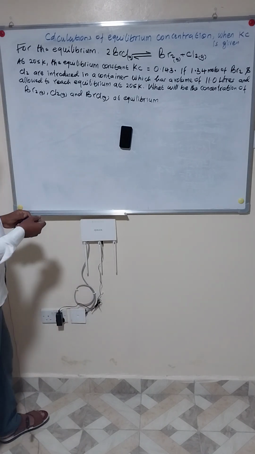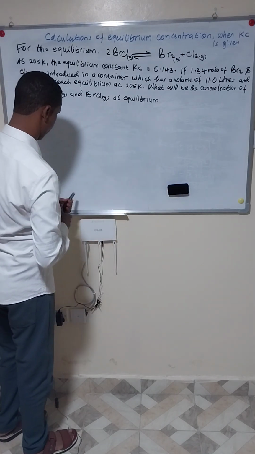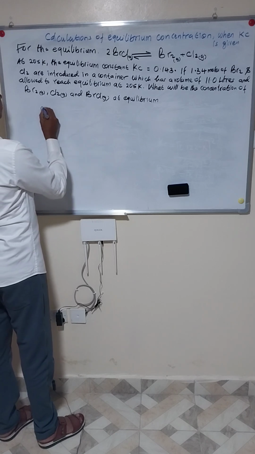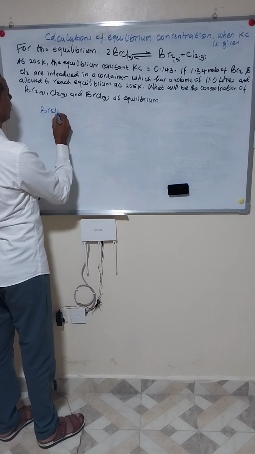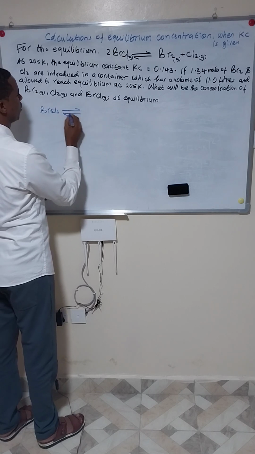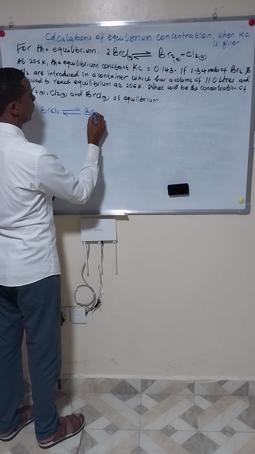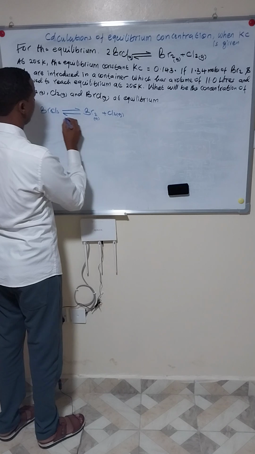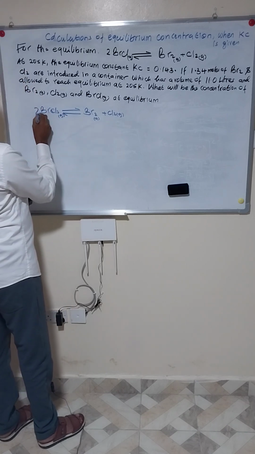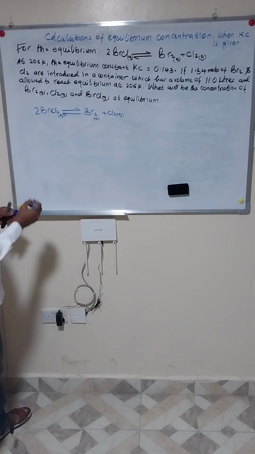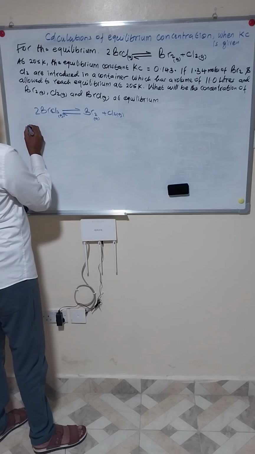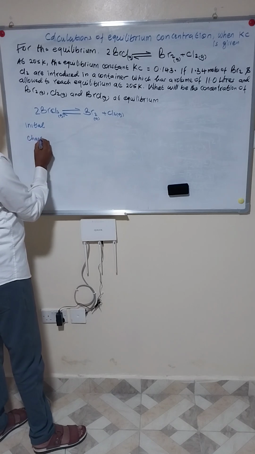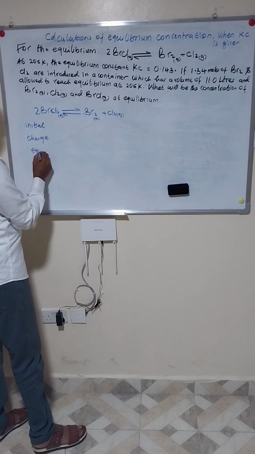So the first thing we'll do, we will write our balanced equation first. So we'll write bromochloride forms bromine and chlorine. And then we'll draw our ICE table, that is initial, change and equilibrium.